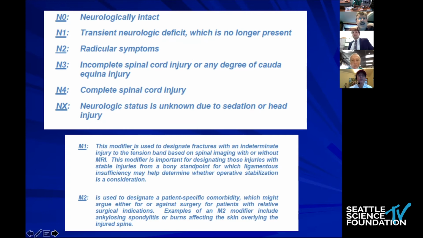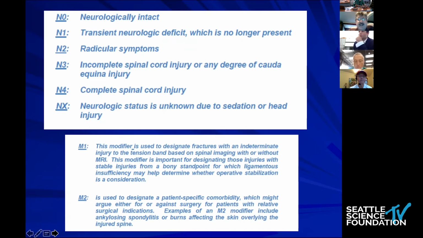In addition, they added a neurological score. So it's almost like a tumor grading system. And it went anywhere from neurologically intact at 0 to an N1, which was a transient deficit. N2 were radicular symptoms, and then it had an N3 for incomplete, N4 complete, and an NX in case you were unable to assess the patient.